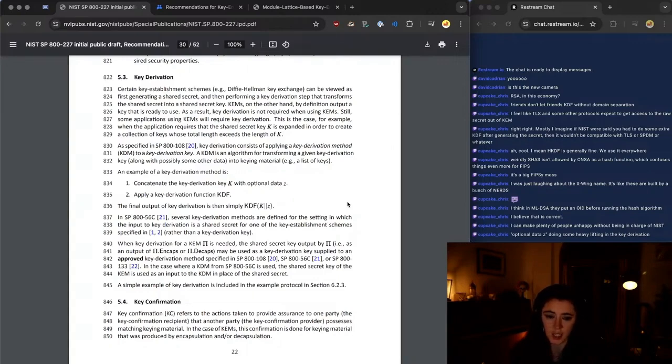You can just shove a bunch of extra crap in here, and as long as the actual K that you're shoving into the NIST-approved KDF is derived from a NIST-approved key generating thing like MLKEM or whatever, something that got spat out of one of the FIPS 202 things, you can basically do whatever you want.